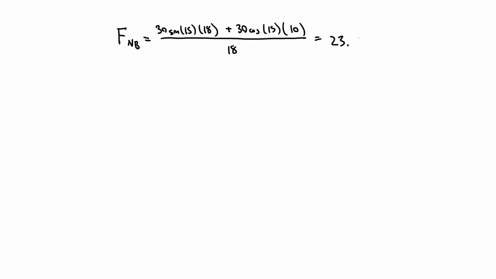Jumping to the next page, FNB is going to be equal to 30 times the sine of 15 times 18 plus 30 cosine of 15 times 10, divided by 18. So FNB is going to end up being equal to 23.86 pounds. All right, so that's one variable solved for.